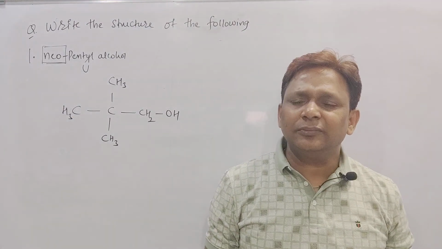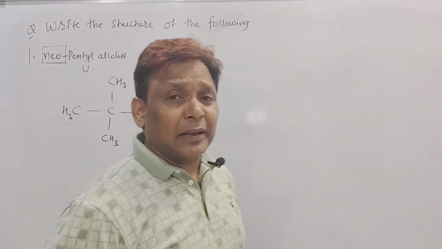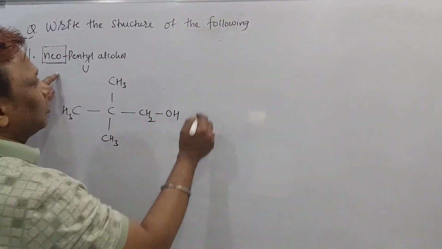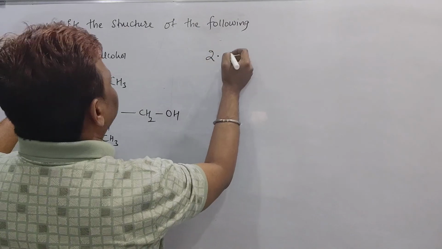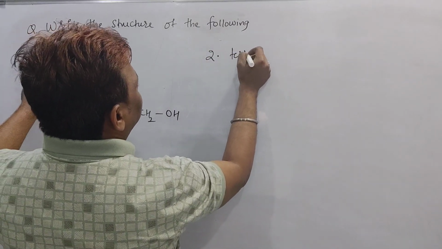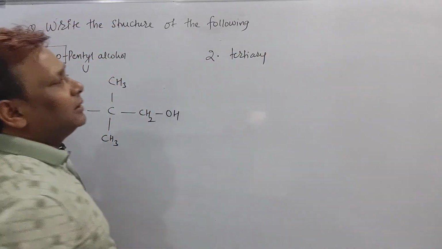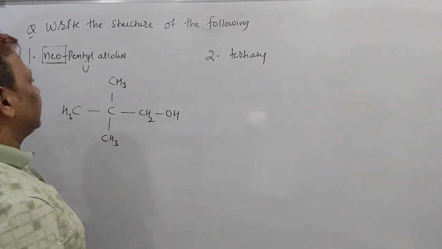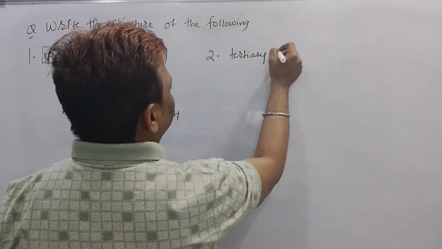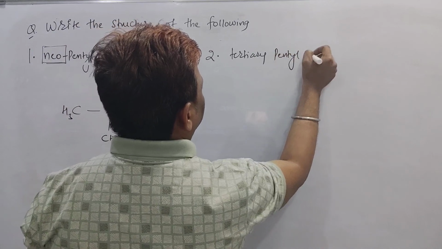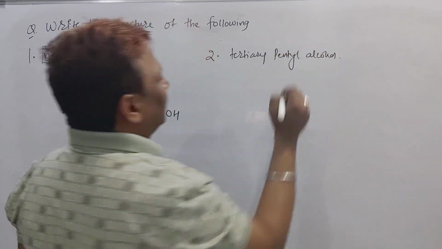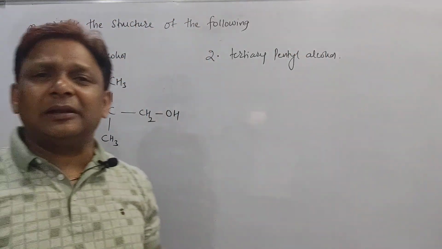Okay, one more we will see now. Tertiary pentyl alcohol. It is different from neopentyl. Our second compound is tertiary pentyl alcohol. How to get the structure of tertiary pentyl alcohol, beta?